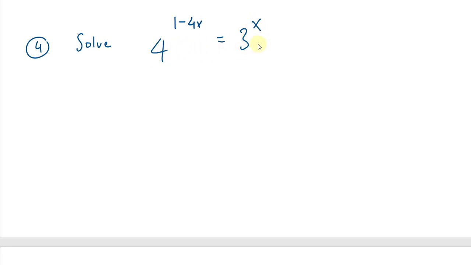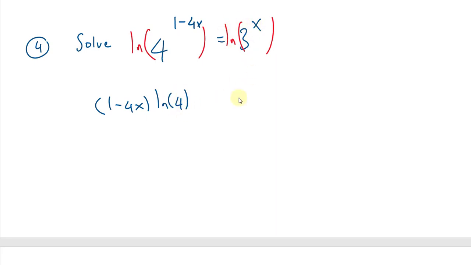Now they are not the same base, right? So I go ahead and take the ln on both sides. When I take the ln, I can bring the power to the front, and then I can bring the power x down.